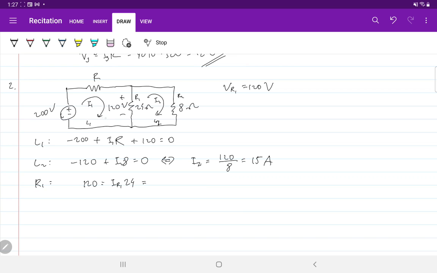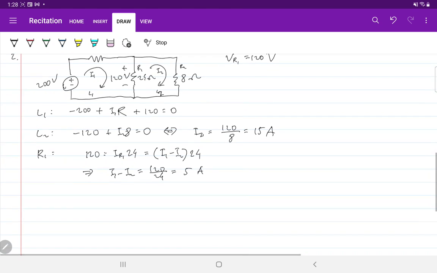IR1 is determined by these loops. The way we define the direction of the loops, clockwise for both, IR1 is nothing but I1 minus I2, times 24. So I1 minus I2 is 120 over 24, right? Which is 5 amps.